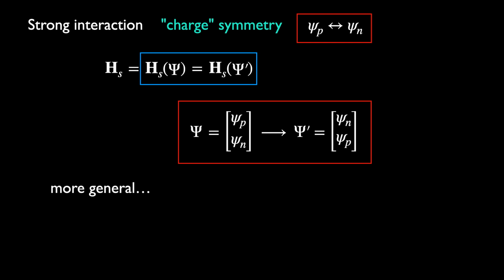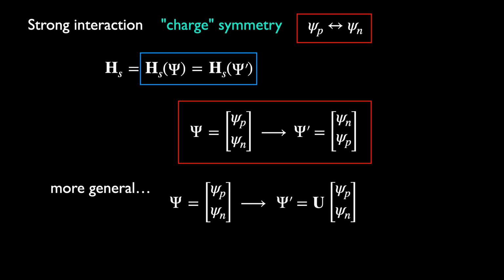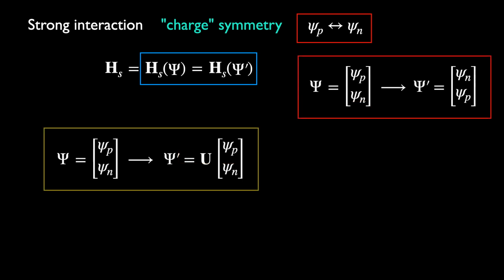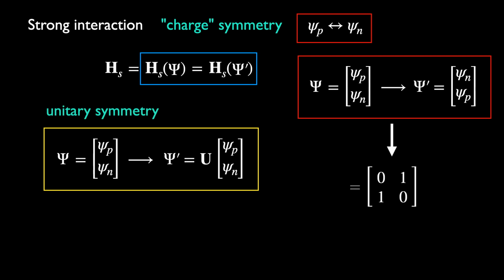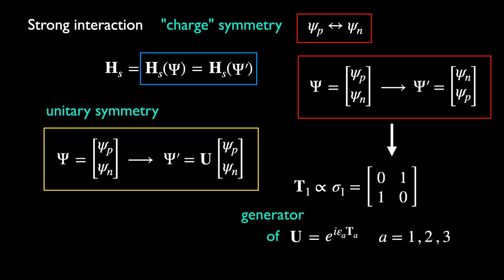An obvious choice would be applying a unitary matrix to this doublet. Notice that the charge symmetry can be expressed as the transformation of psi by the first of the Pauli matrices, which are generators of all the 2x2 unitary matrices connected to the identity matrix in a continuous way, but more about this later.